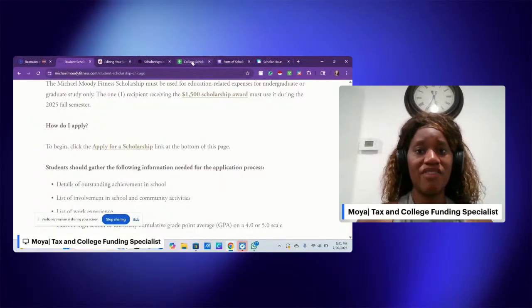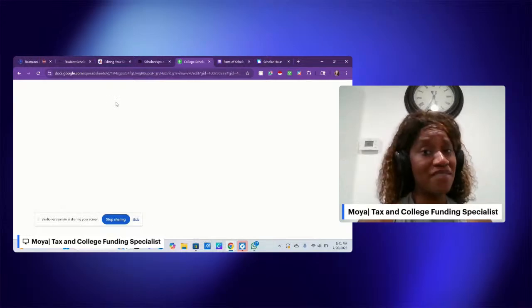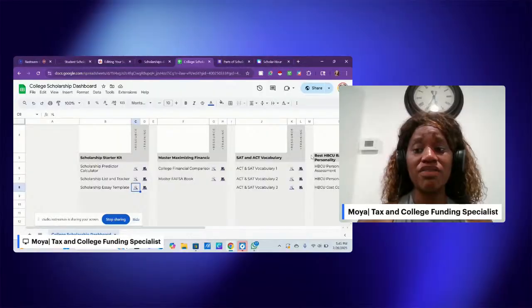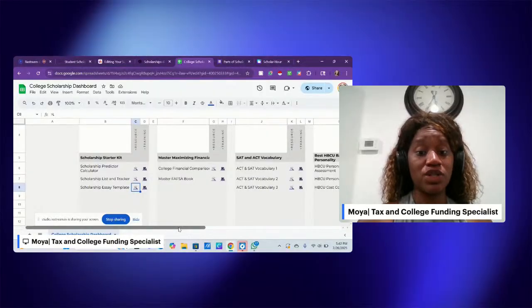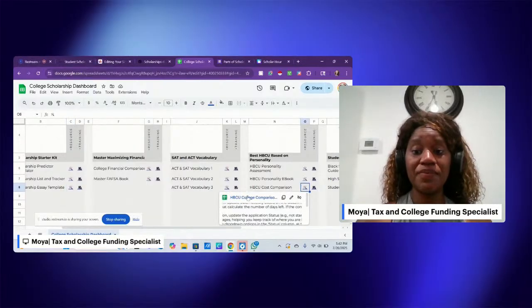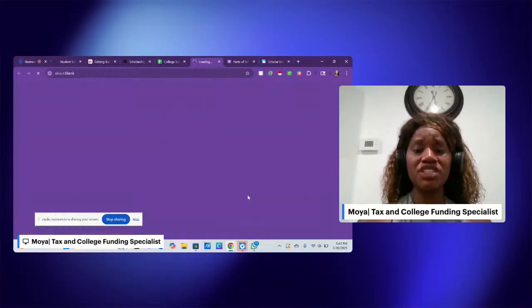So what we want to do here is go into your college dashboard. I hope you have your toolkit at this time, because this is how we keep track of what we are filling out. So you always want to make sure that you're filling out that information. I use the HBCU college comparison.